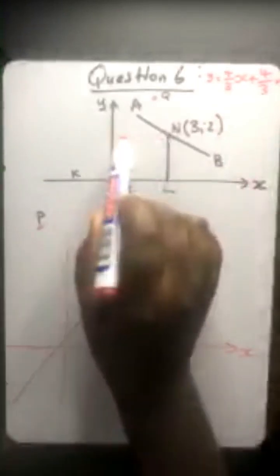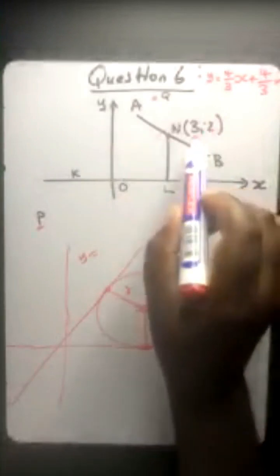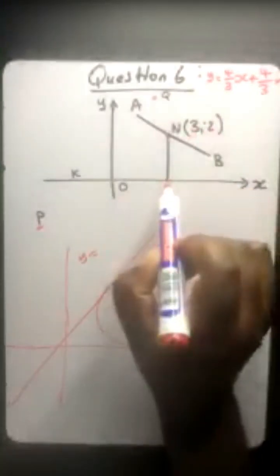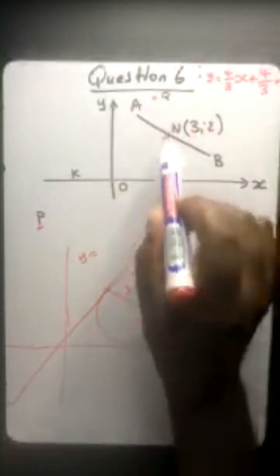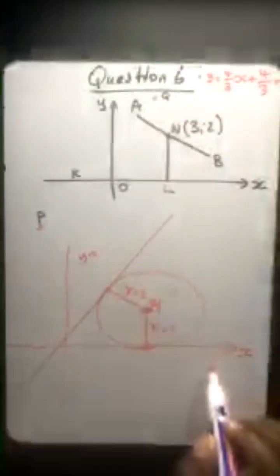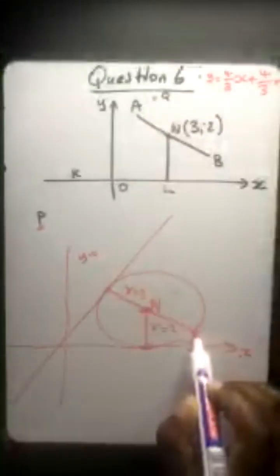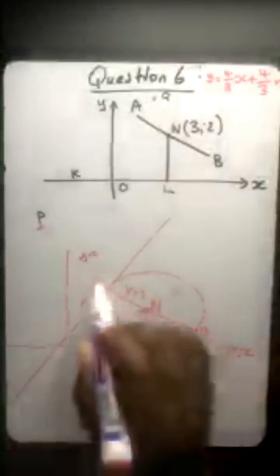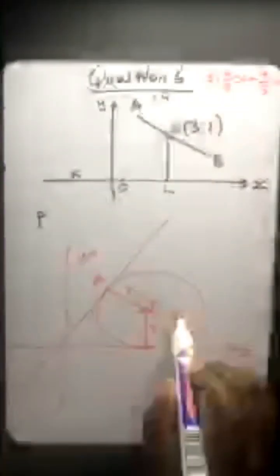So the y value of N is actually that, and then the x value is actually that. If we want to know from there to there, we get it from there. If your r is 2, then from there to there, it is also 2. Meaning from there to point B, this is A, it is also 2.